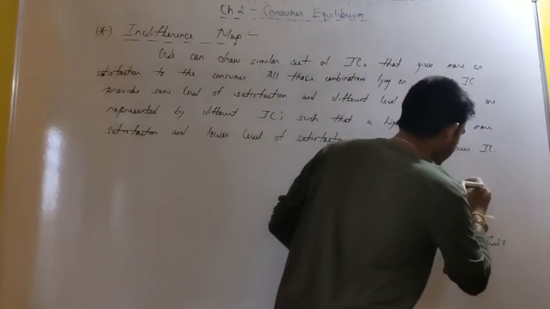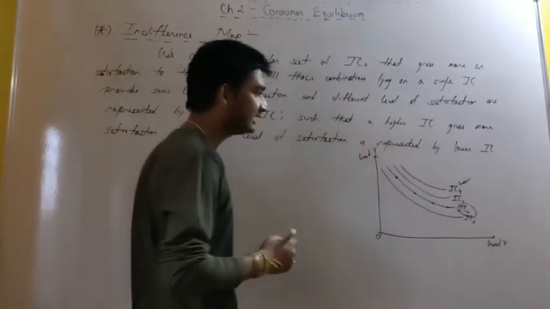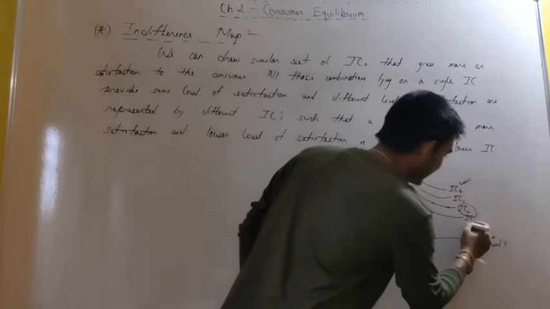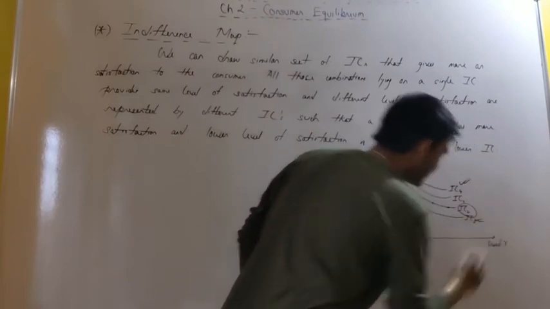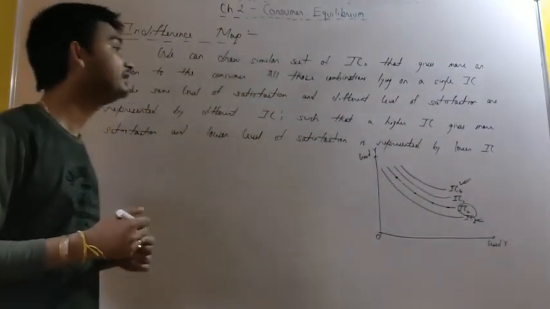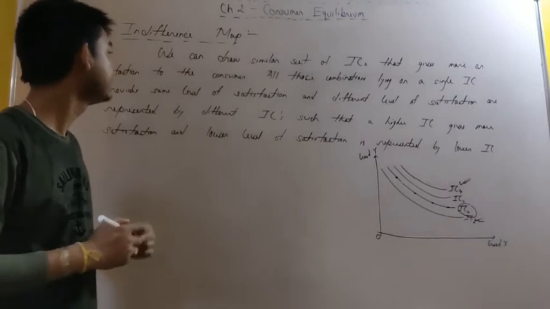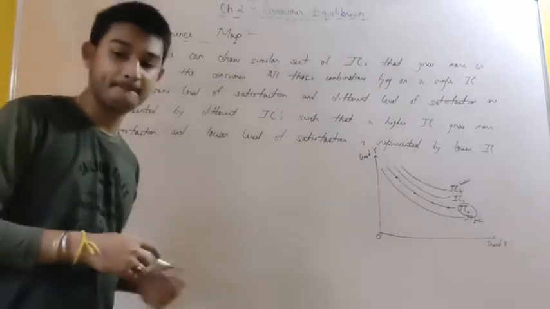Here, IC4 represents the higher level of satisfaction and IC1 a lower one. So this is the indifference map.